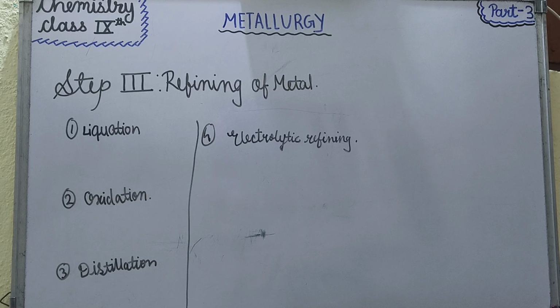In oxidation, metals are refined by oxidation of their impurities. Example is during extraction of iron, impurities such as phosphorus, sulfur, and carbon are oxidized by blast of air to their respective oxides P2O5, SO2, CO2. On oxidation, pure metal is left behind in molten state. Impurities are oxidized and escape as gases.